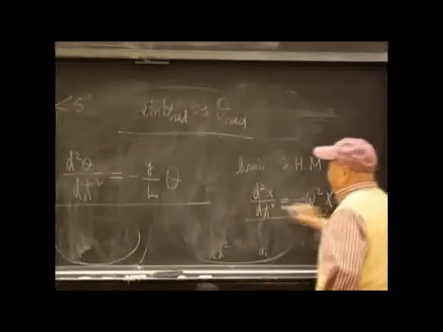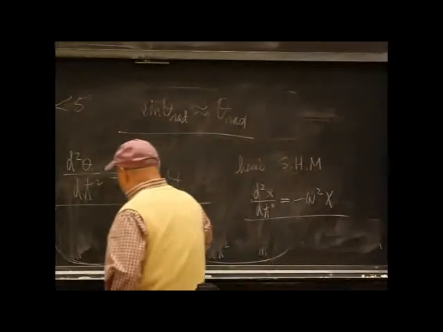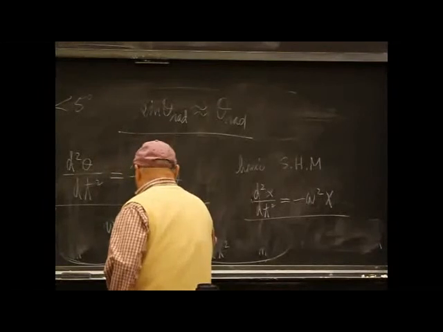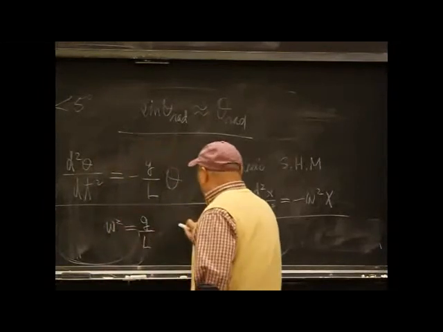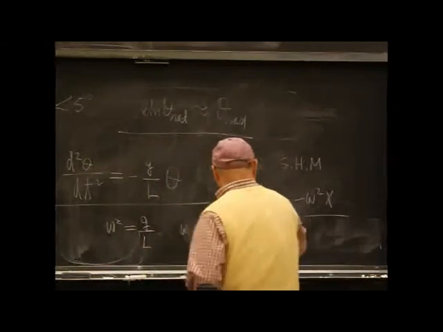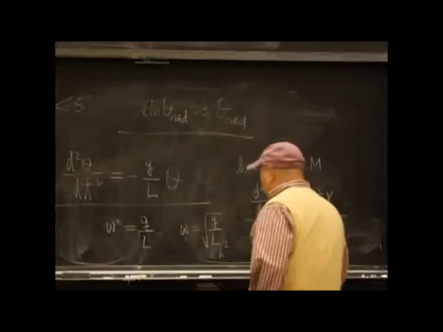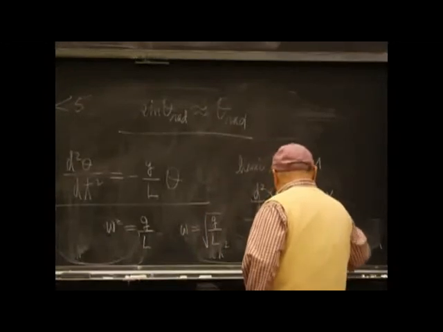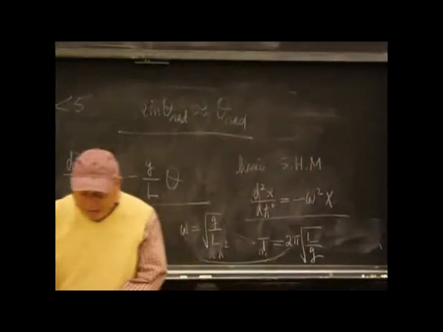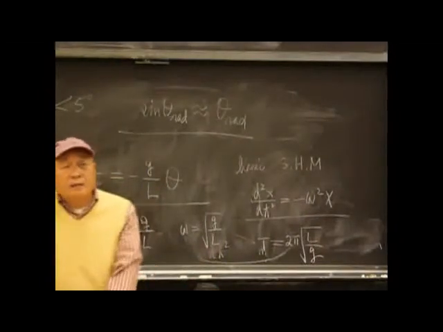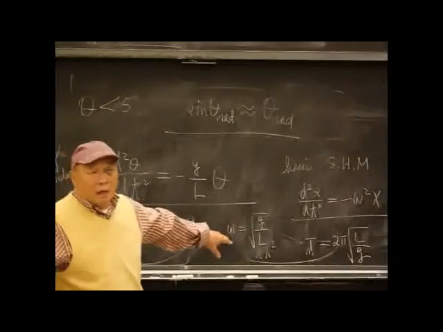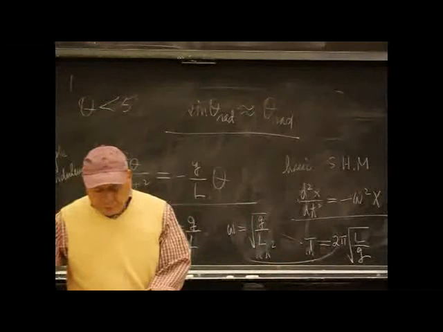If you compare this with that, you have a very nice setup in which omega squared equals g divided by L, or omega is equal to the square root of g divided by L. So the period T equals 2 pi times the square root of L divided by g. So the mass is not taken into account. We will do the experiment Monday.